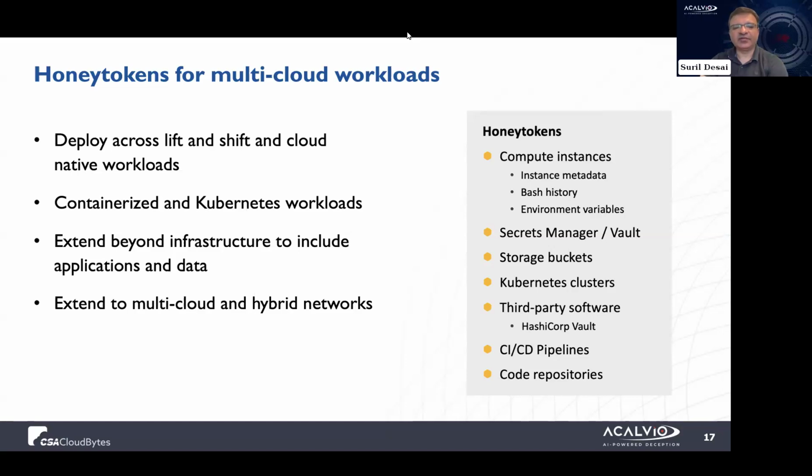And the whole objective of this is to extend beyond the infrastructure and also include workloads such as applications and data. That way, the defender gets coverage for multi-cloud environments, and you can deploy honey tokens across the identity as well as the workloads parts of the multi-cloud environment.